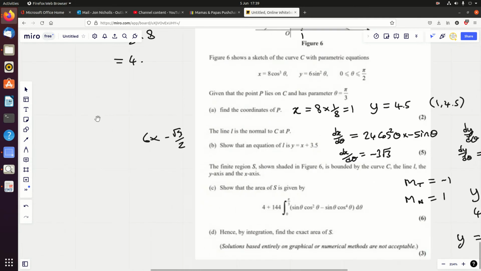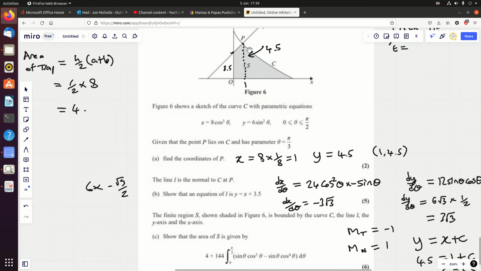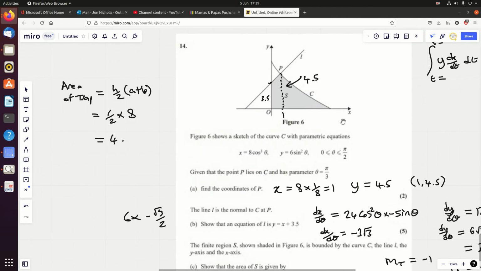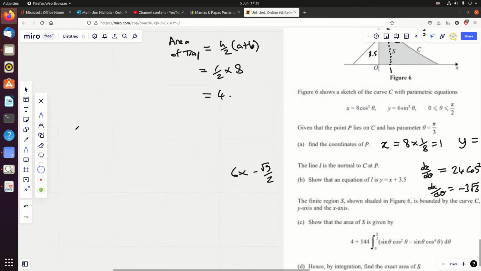Now we need to integrate this curve from there down to there. The easiest way of doing that is to use a parametric integration formula. So let's do it. The parametric integration formula says we need to integrate y, which is 6 sine squared theta, multiplied by dx by d theta.